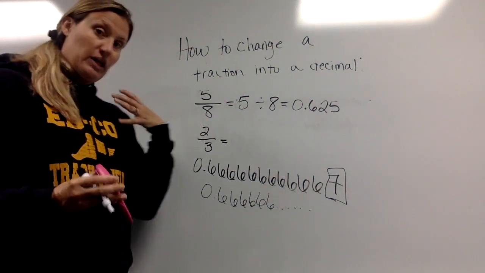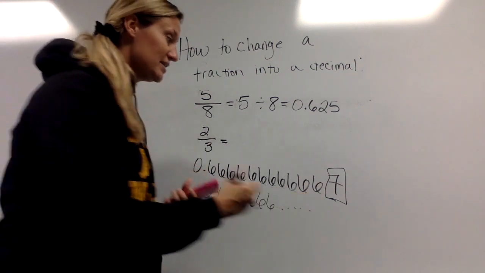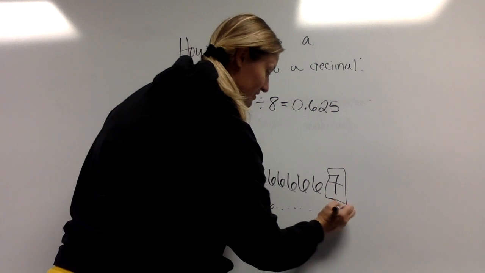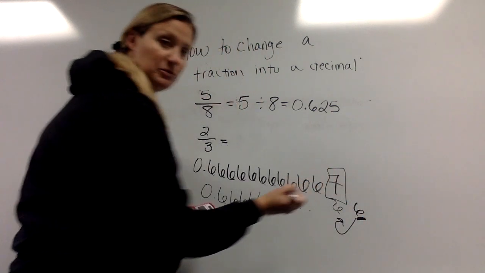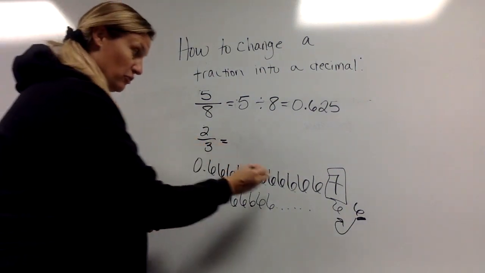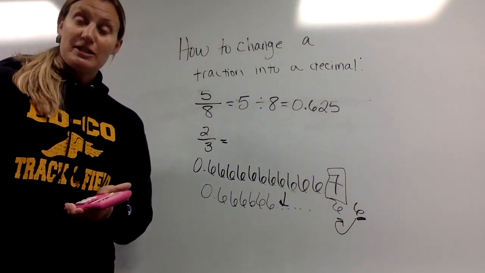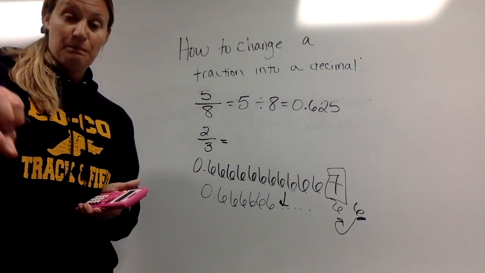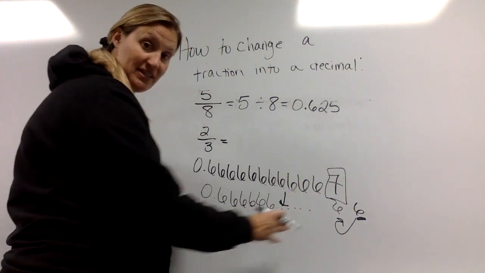So you have to recognize on your own that what your calculator is doing is it was 6, 6, 6. Your calculator took this 6 and rounded it up to a 7. Your calculator doesn't know any better. You have to know that when you see this, it means this, that's 0.66666. Okay, and some of you will just see 6's. You won't see that 7, but some of you will see the 7.